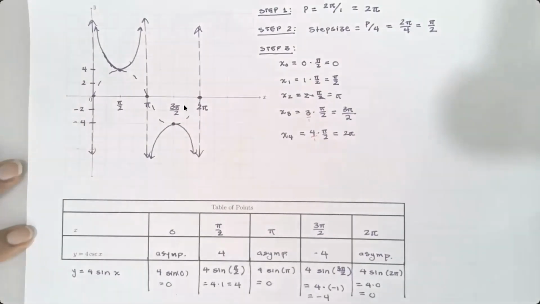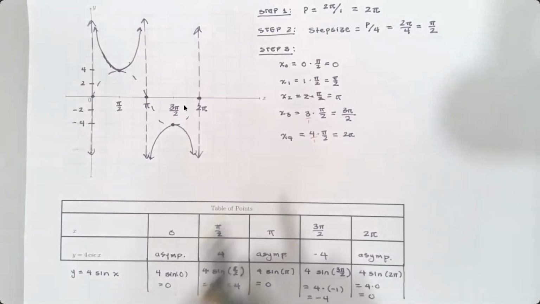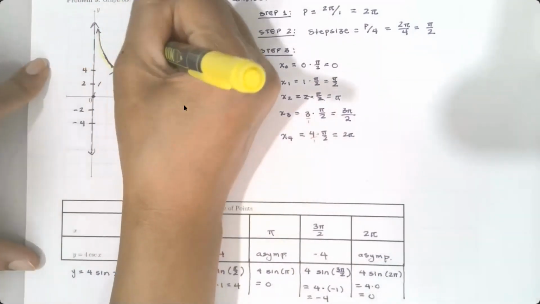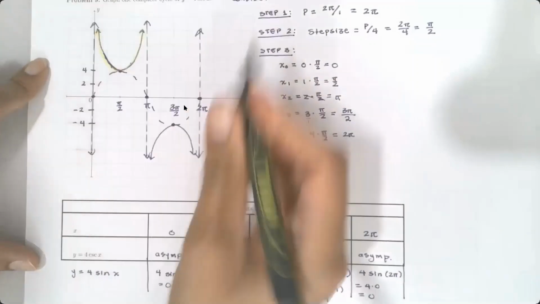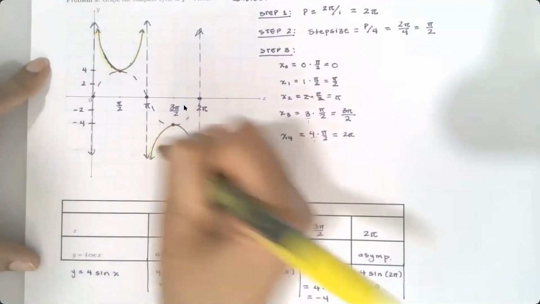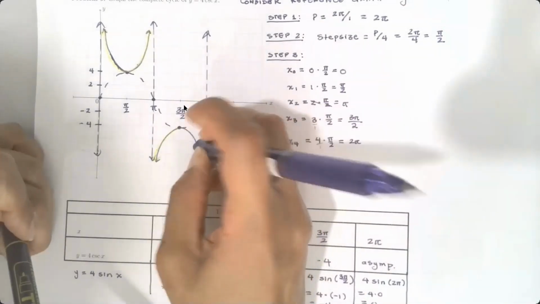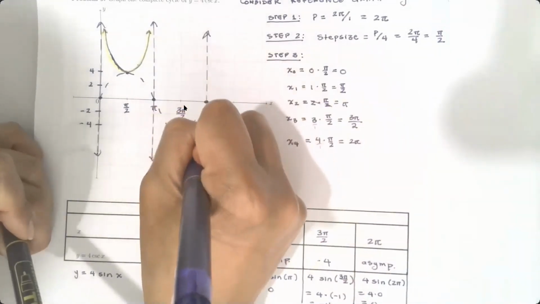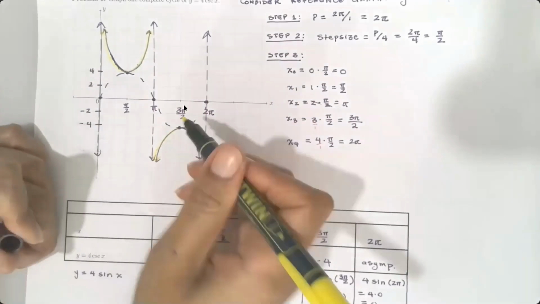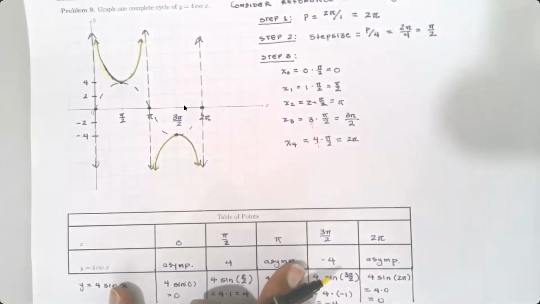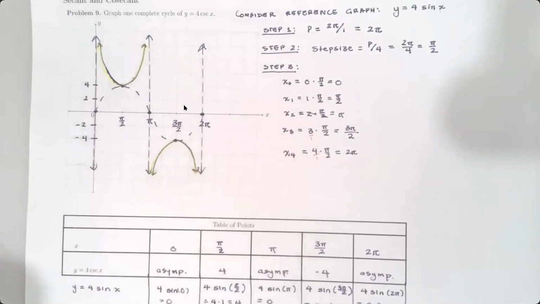And so at the end, what matters as the final part of the graph are just these parabolas that we're reading here. Everything else is just a guide or a reference to help us draw those parabolas.